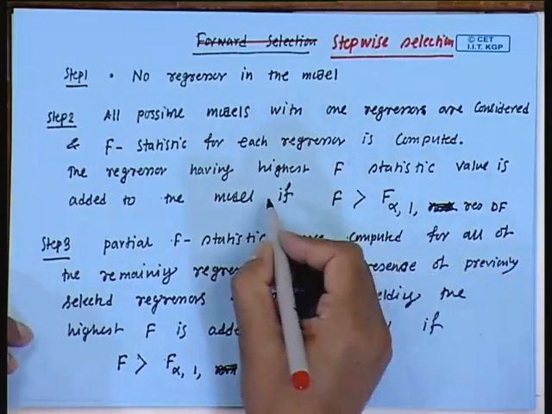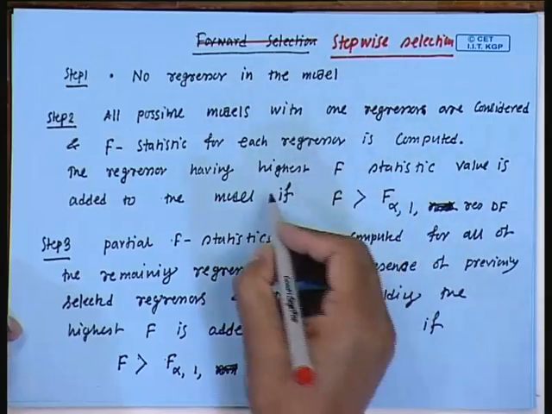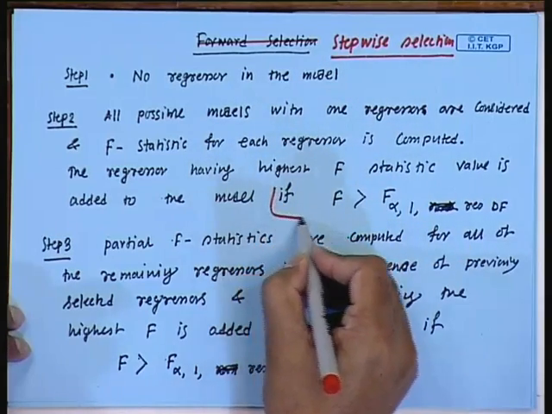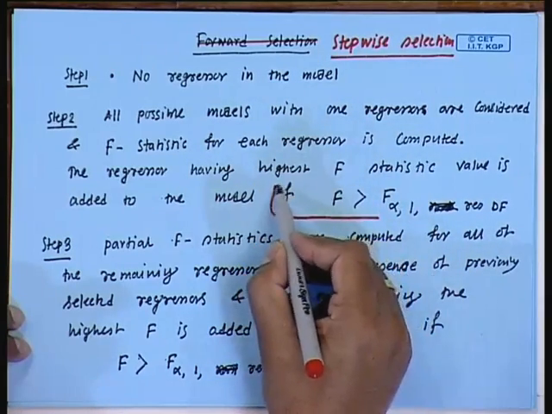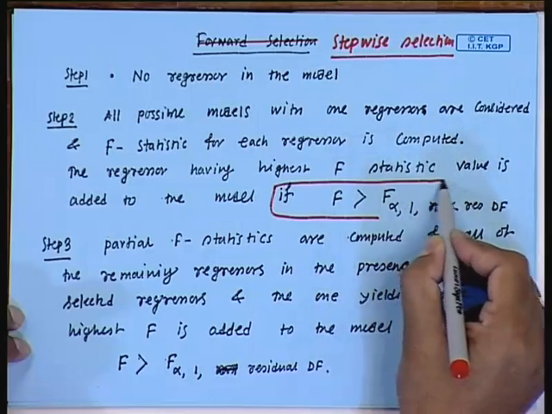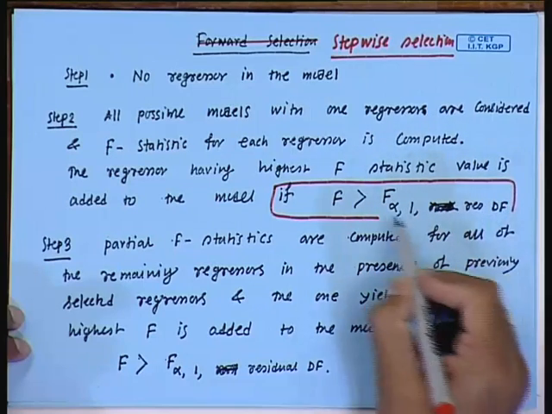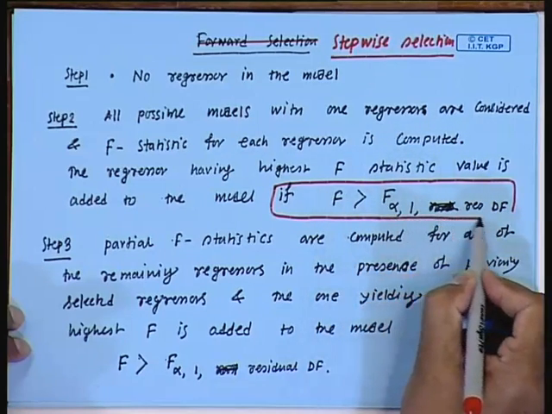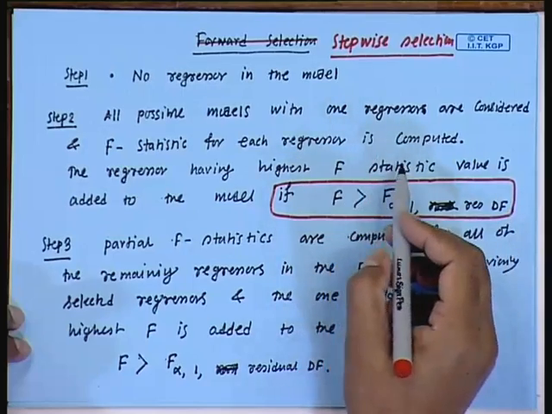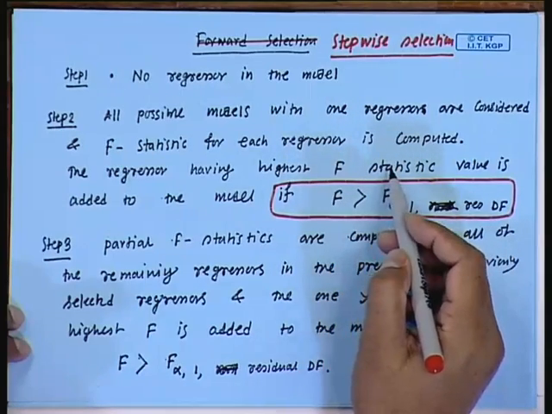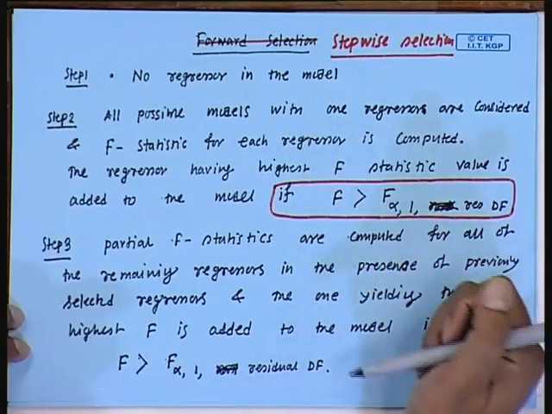For stepwise selection there is no condition, I mean you do not need to check the tabulated value of F for the first regressor in the model.